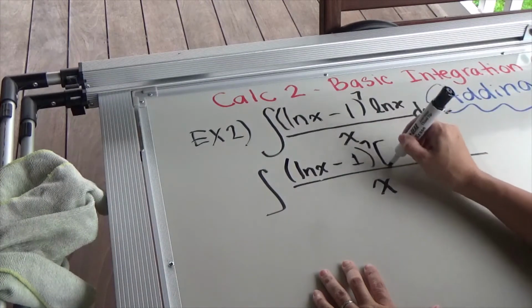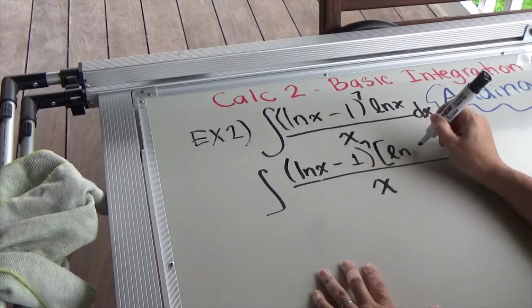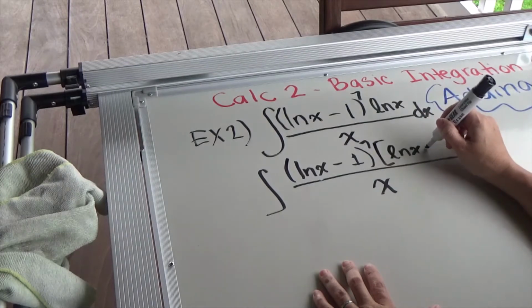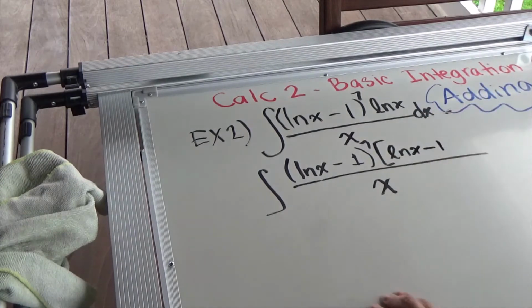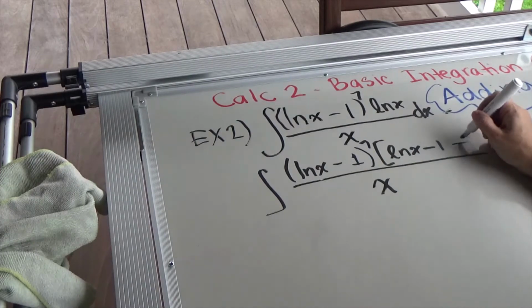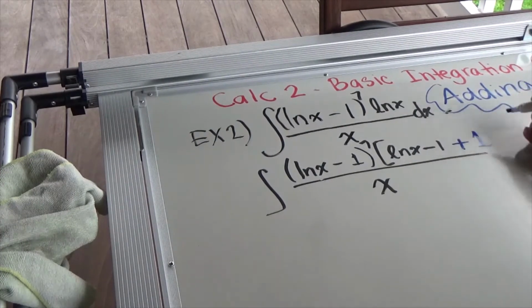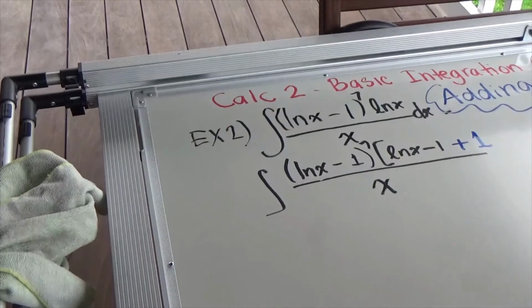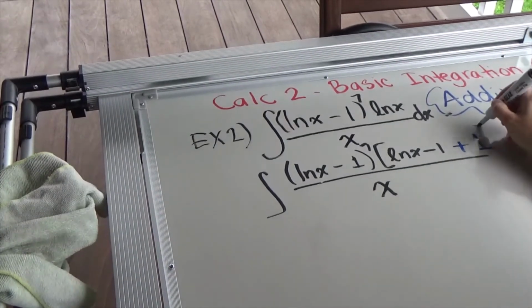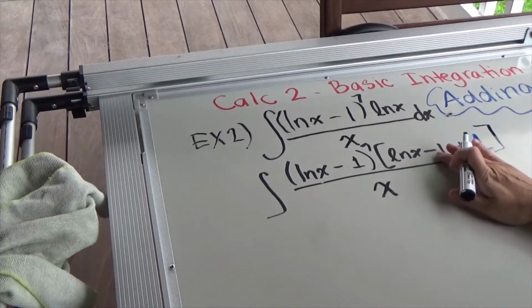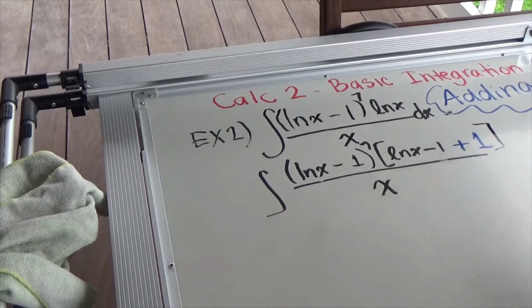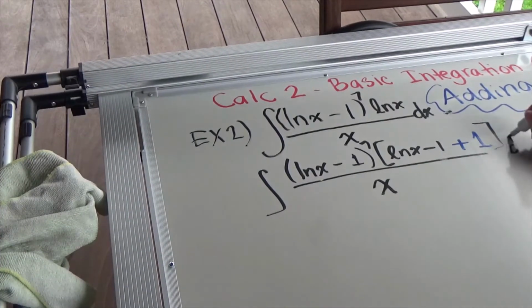And I am going to say, hey, let's say ln of x minus 1 again. But I can't just do that, so I'm going to minus 1 right there, just so I have what I wanted, right? I have to go and add 1 to it. So that is the adding 0 trick. Minus 1 and then add 1. That's 0. I didn't change the problem, right?